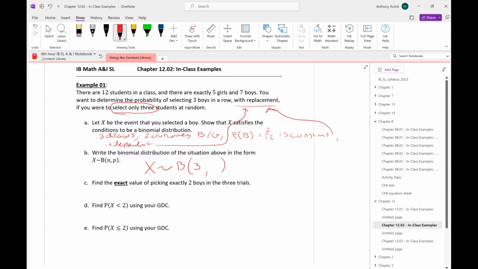I'm not sure. How many boys are there in the class? 7 boys, just 5 girls. And out of how many total people in the class? 12.